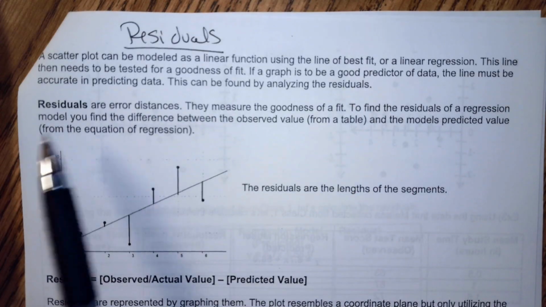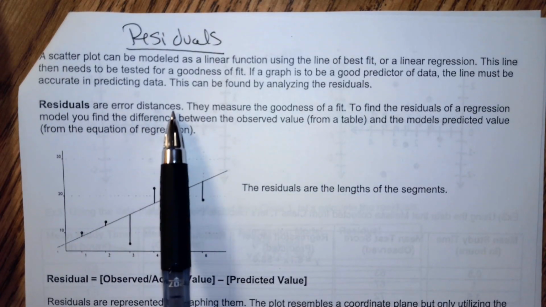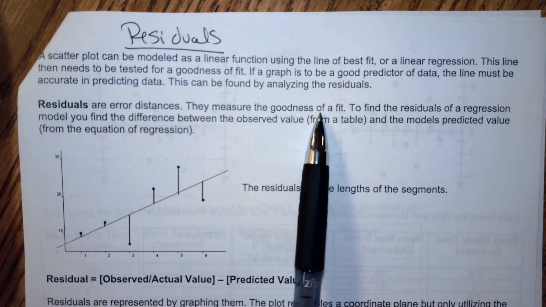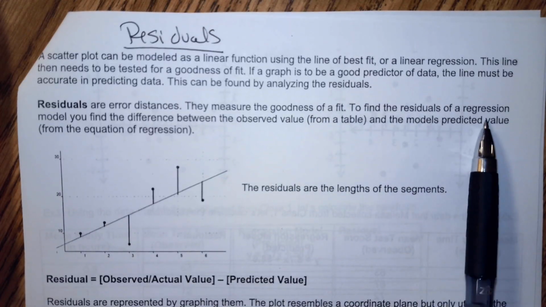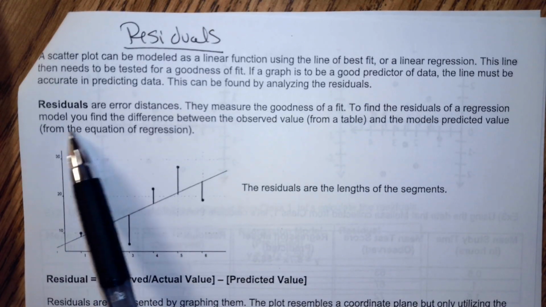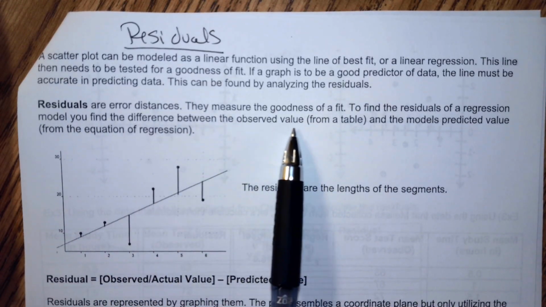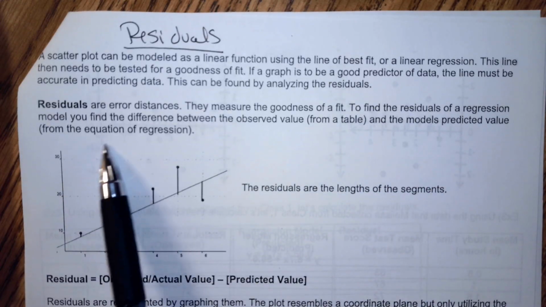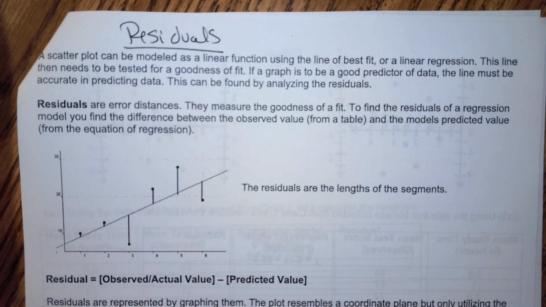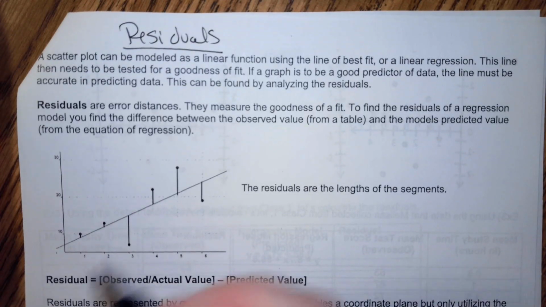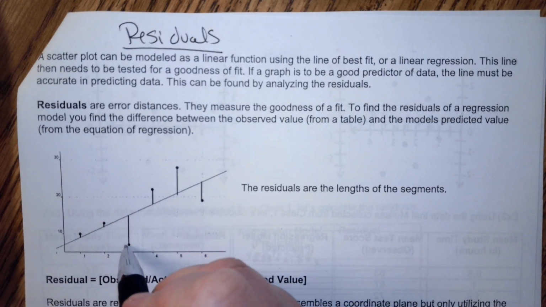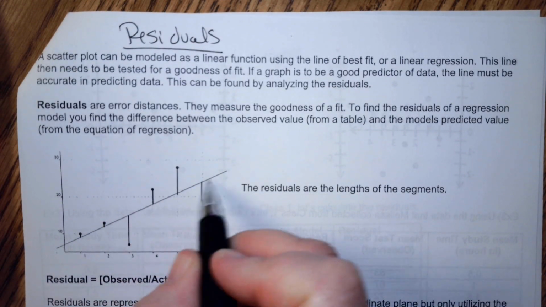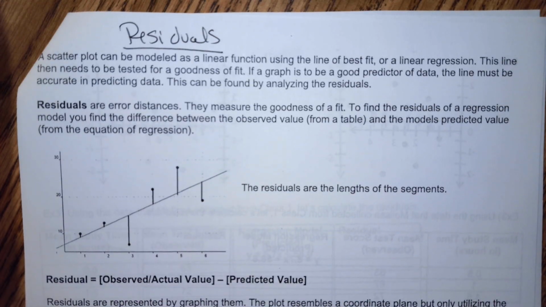So residuals are error distances. They measure the goodness of fit. To find the residuals of a regression model, you find the difference between the observed value and the model's predicted value from the equation of regression. To put it in our words, you look at where the actual data fell, you look at your prediction equation, and you find the difference in those values.